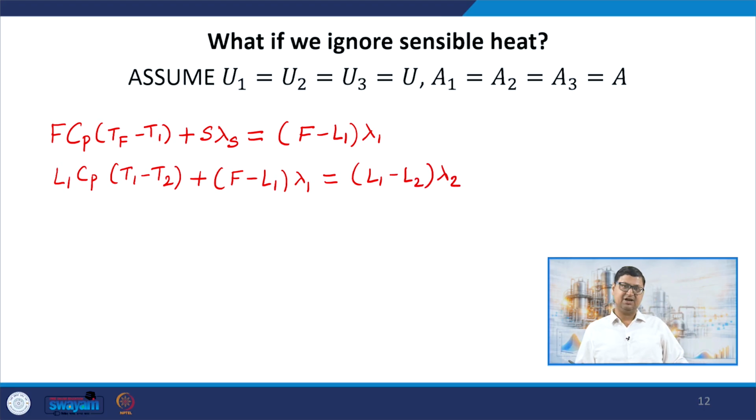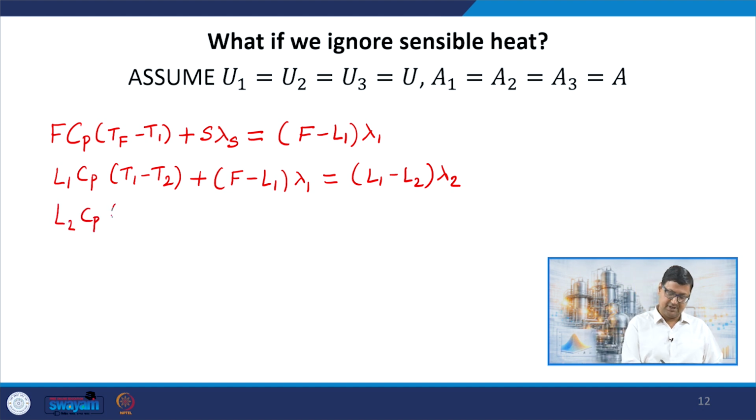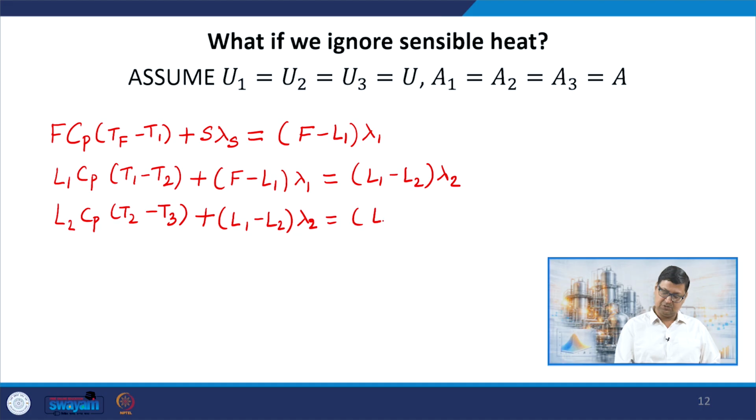And then for the third effect, we had L2 Cp (T2 minus T3) plus (L1 minus L2) lambda 2 is equal to (L2 minus L3) lambda 3, right?